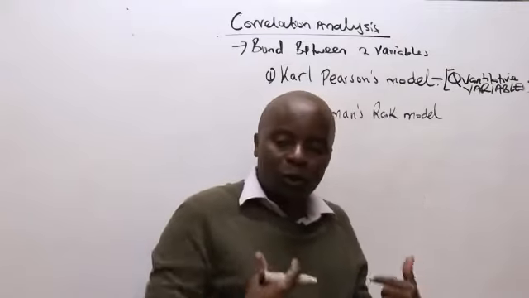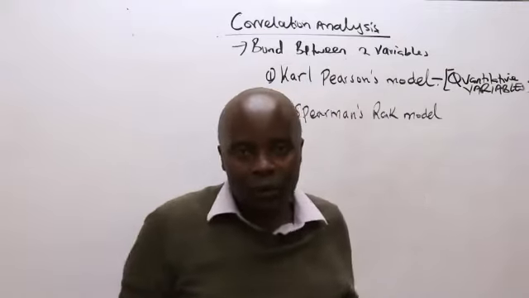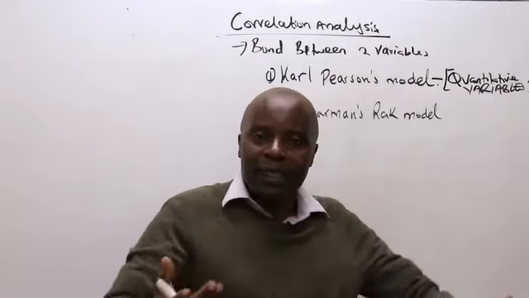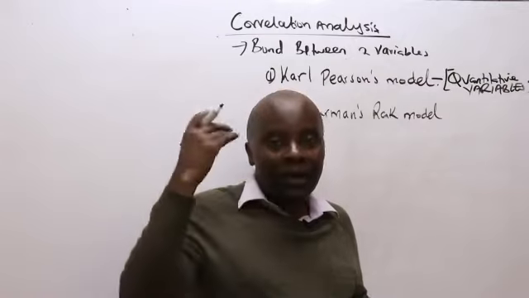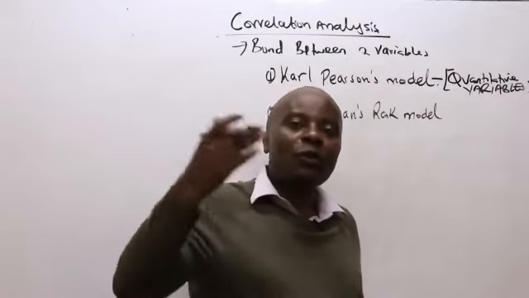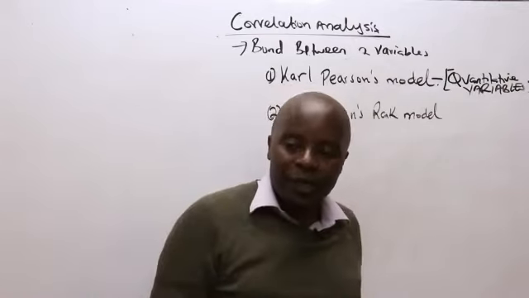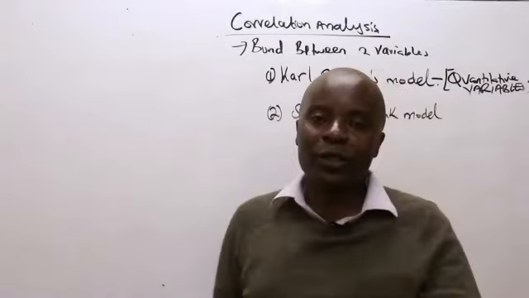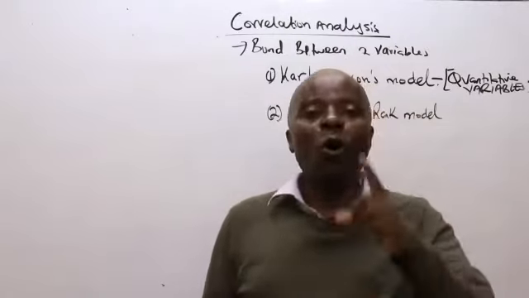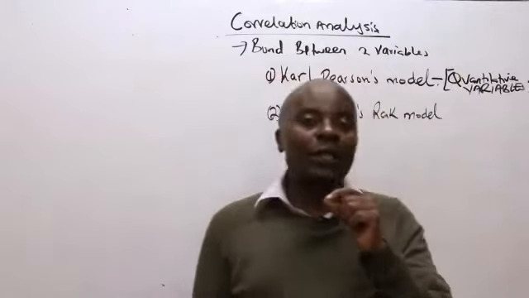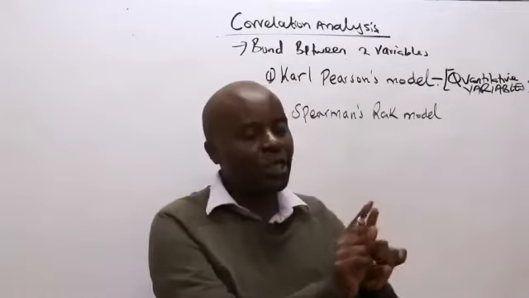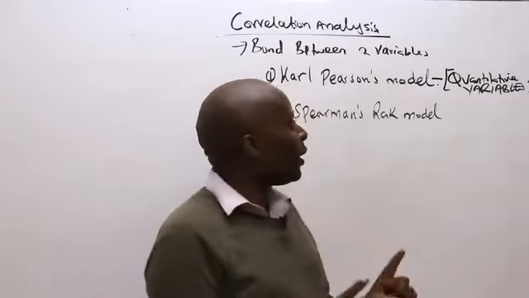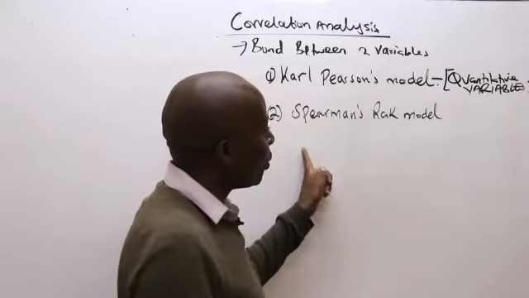For example, if I wanted to know how heavy I am today, I would simply get a weighing scale and measure my weight. I can also measure my height, or count the number of students in a classroom. All those variables that are either countable or measurable we call quantitative variables. If you want to see how they are associated, what the bond between the two is, then you use the Karl Pearson's model.